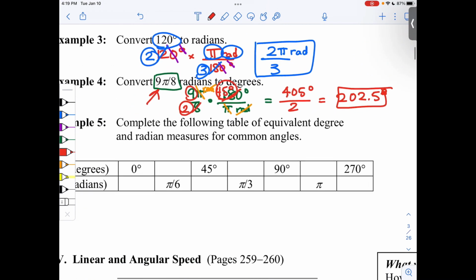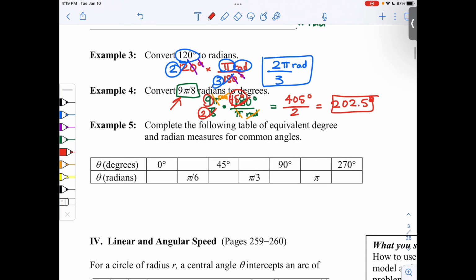If I'm looking at a table of really common angles, I know 0 degrees is equivalent to 0 radians. Let's do the most common ones. I know 1 pi, which we've been using a lot, is 180 degrees. Half of that is pi over 2, or 90 degrees. Half of 90 is 45, so half of pi over 2 is pi over 4.